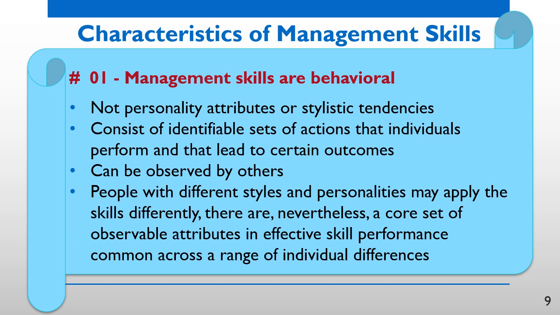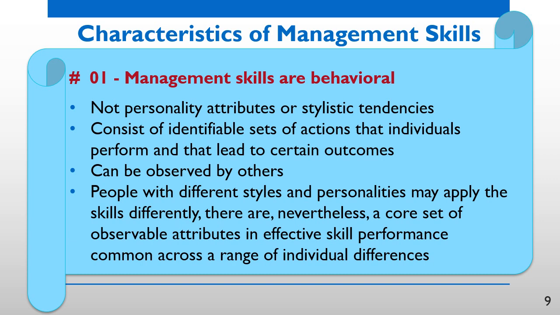There are nevertheless a core set of observable attributes in effective skill performance. However, there is a central set of attributes or features which could be easily observed. How? In effective skill performance, when we perform the skills effectively.